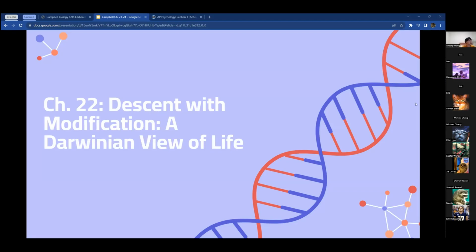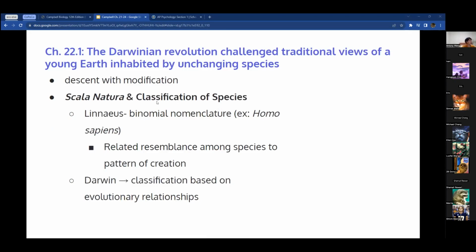Descent with modification, the Darwinian view of life. Before Darwin, many people thought that all animals were organized into a ladder, with humans at one end, and every organism occupying one rung on a giant ladder. They believed that was how God created them.